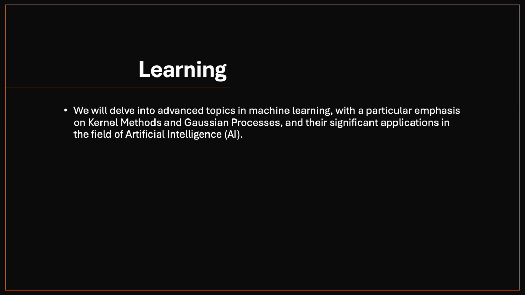We will delve into advanced topics in machine learning and artificial intelligence, with a particular emphasis on kernel methods and Gaussian processes and their significant applications in the field of artificial intelligence.